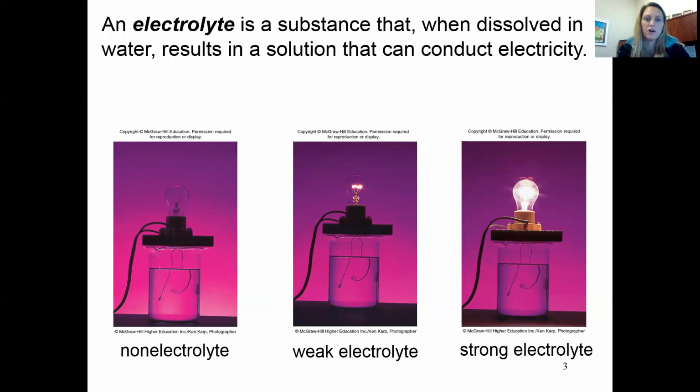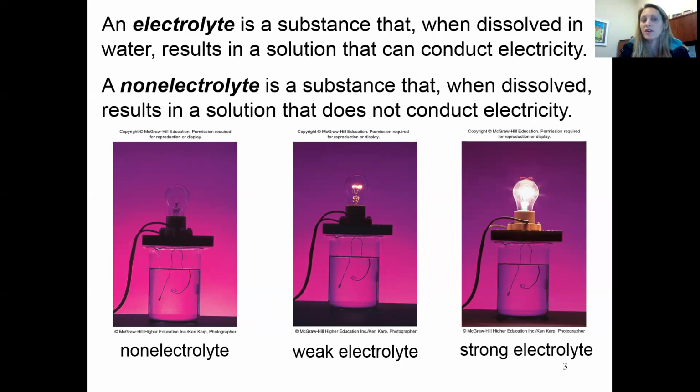Another term that I want you to become familiar with is what we call an electrolyte. And so normally when we think electrolytes, we think of substances that can conduct some sort of electricity. And it's because generally there's some sort of salt or some sort of positive and negative charges that can connect the conductivity portions of the light bulb or whatever we're using to light these up.